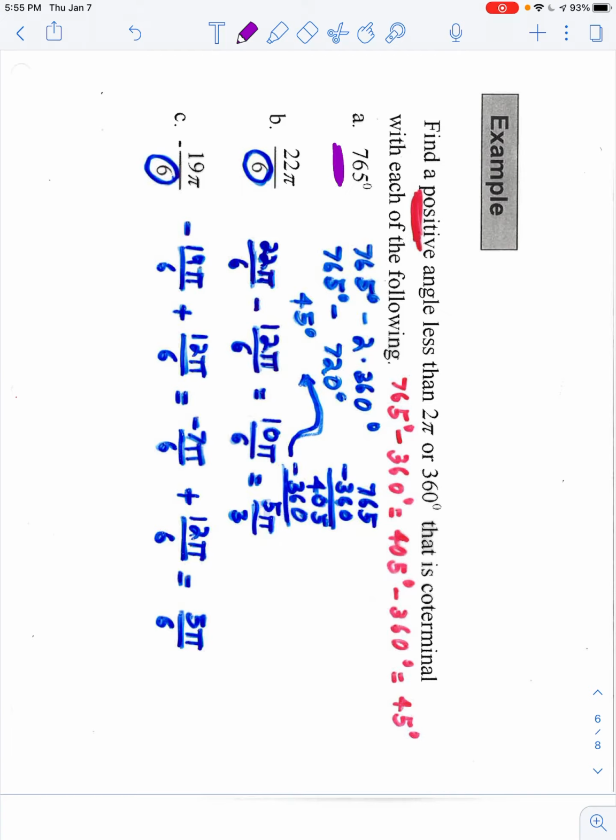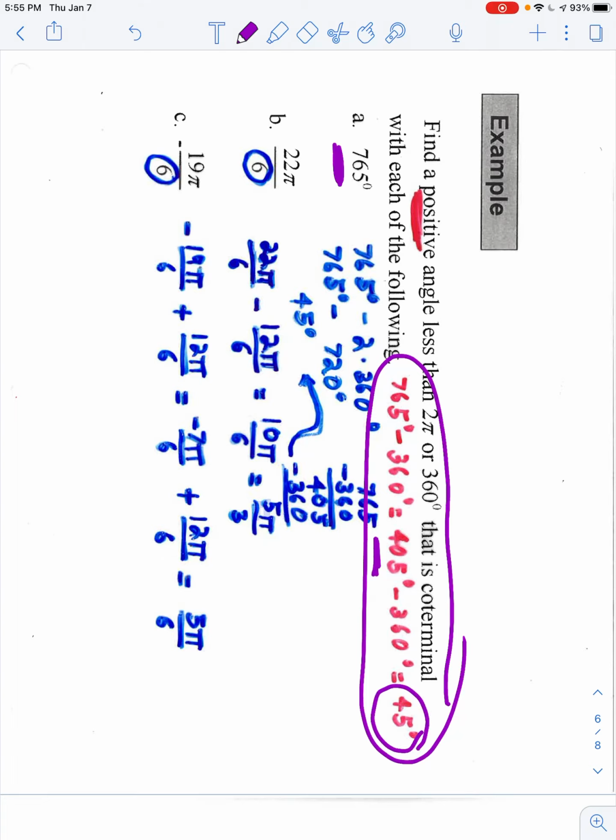In the case of 765, it's obviously more than 360. So up here, what I like to do is subtract 360. If your answer is still more than 360, you've got to subtract 360 again, which we did, and now we get our final answer, which is 45 degrees.